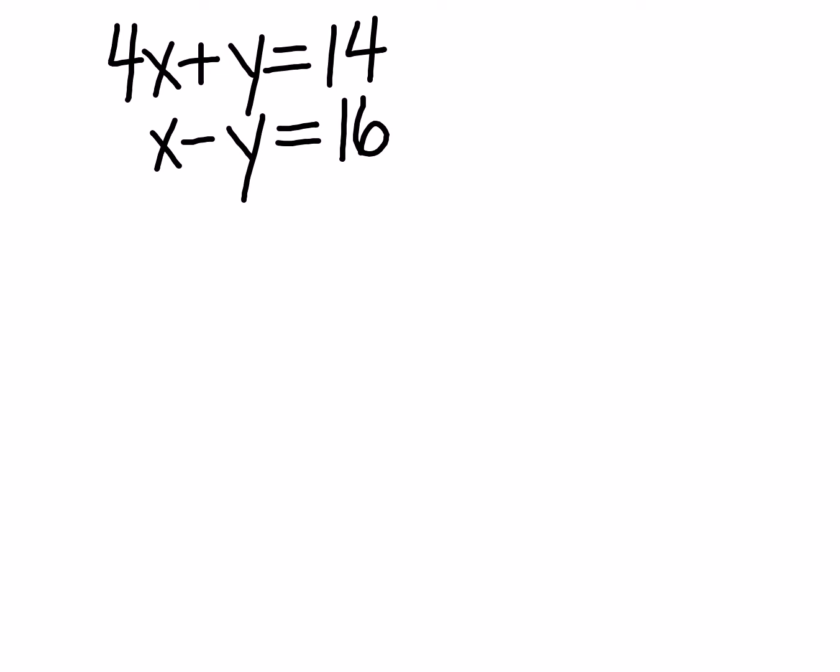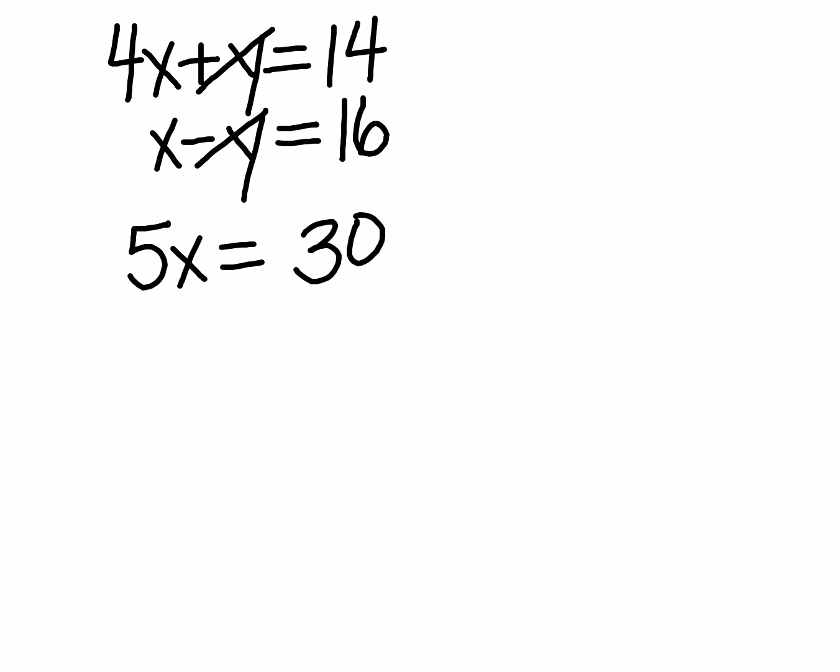So y minus y will equal 0. So I can eliminate the y's. If I eliminate my y's, I am left with 5x equals 30.